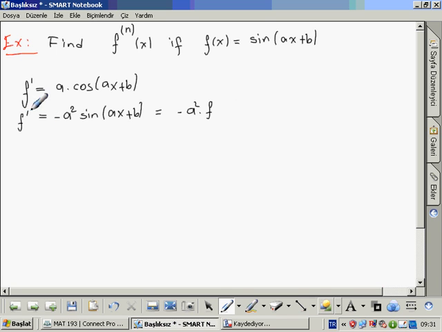And that was the second derivative, and the third derivative will be minus a cubed cosine of ax plus b, and it's equal to minus a squared times f prime.